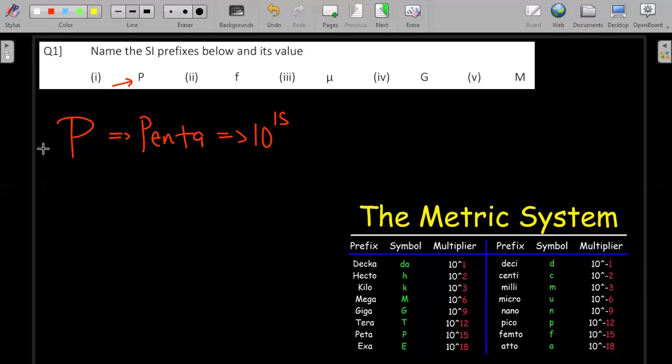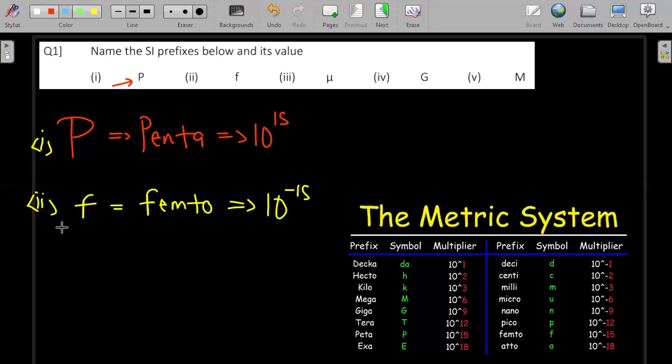All right, number 2. This is a smaller letter f, which simply means femto. Femto has the value of 10 to the power minus 15. And then what else? We have mu.